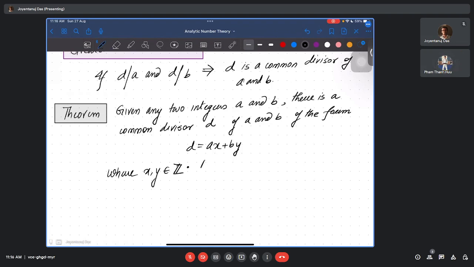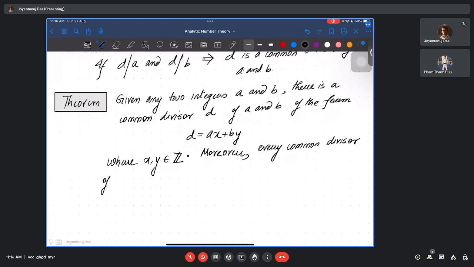And moreover, every common divisor of a and b divides d.